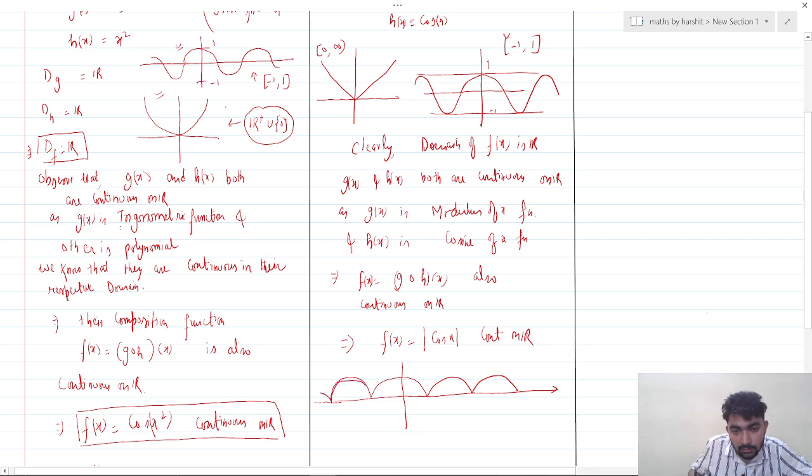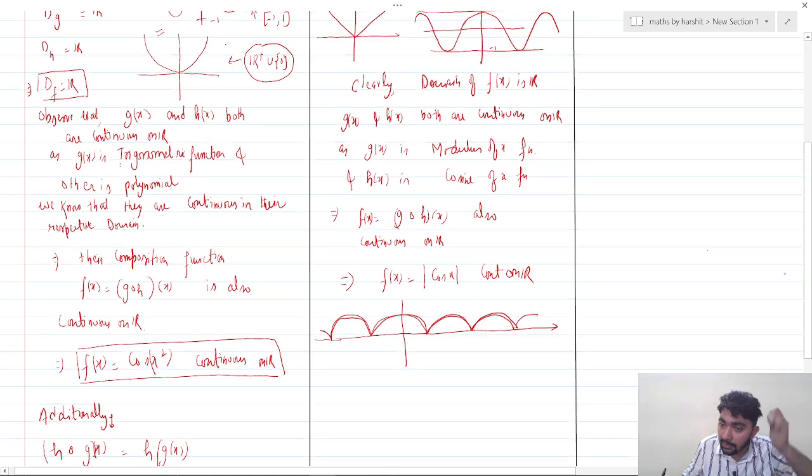Yeah, here, then here, then here. So without lifting a pen we can draw the graph of mod of cos x and the function is continuous on R. Or we can say, we need to write actually one line that g is continuous, h is continuous, and their composition is also continuous. We need to write that line here. Okay, and hence the function is continuous on complete R.